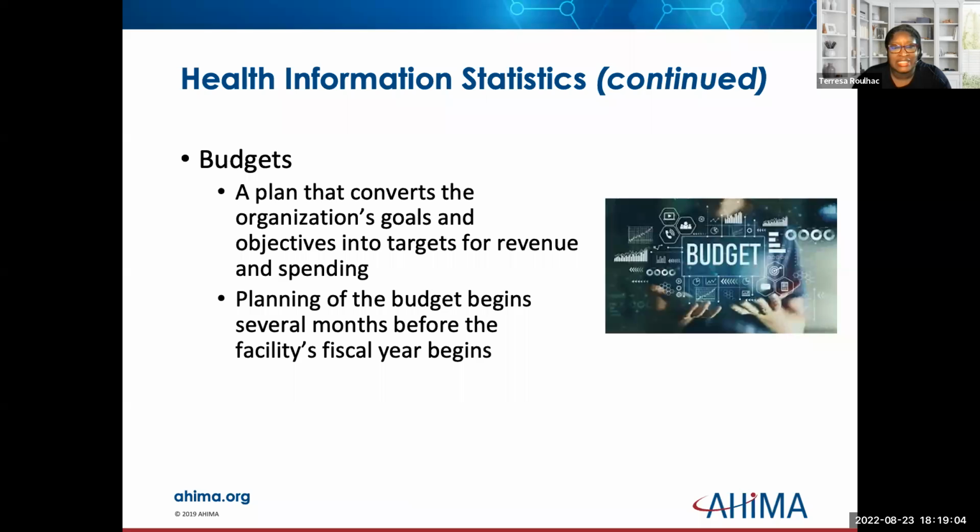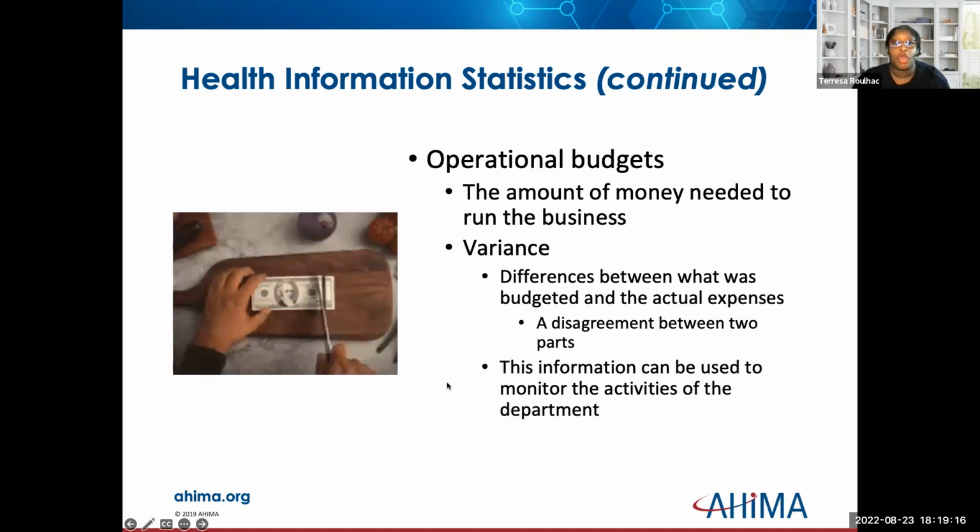One thing about budgets is they are made for the fiscal year, so they're looking at a consecutive 12-month period where the organization is in an accounting period. With your operational budget, we're looking at the amount of money needed to keep us afloat, run the business.